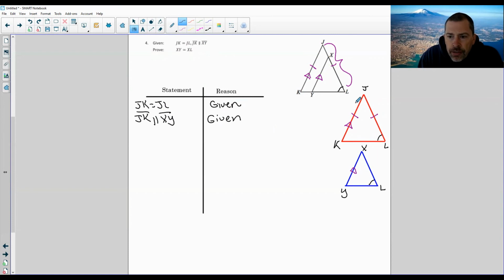So this is an isosceles triangle. From our givens, we know that angle L is congruent to angle K because if two sides of an isosceles triangle are congruent, their opposite base angles are congruent.